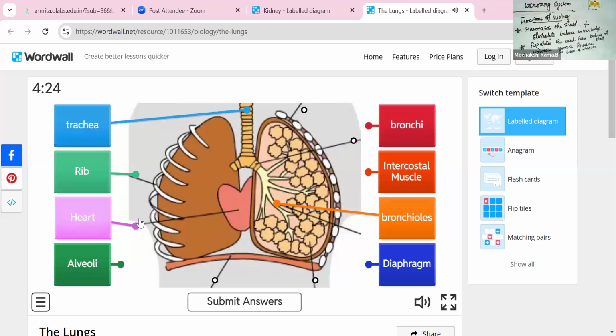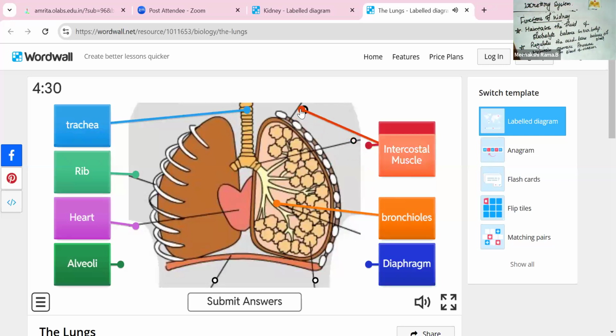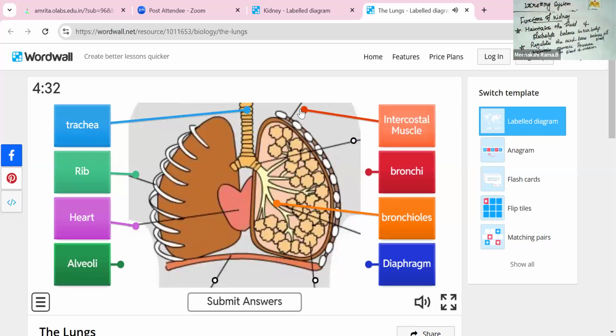So this is the heart part. Okay. Intercostal muscles. This is the part of the intercostal muscles. Yes, this is known as the diaphragm.